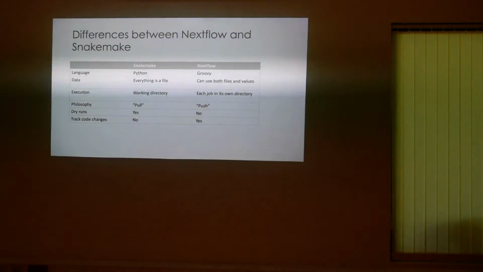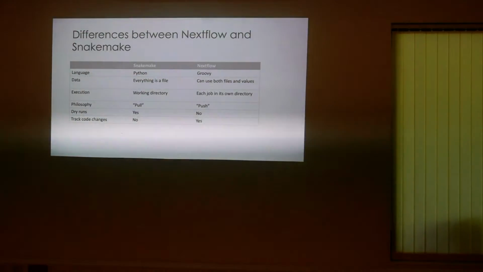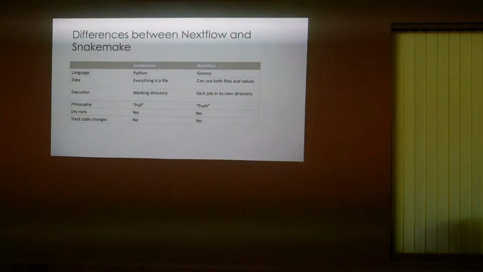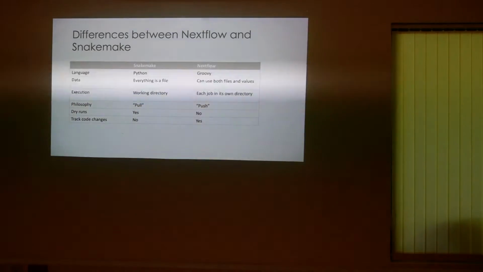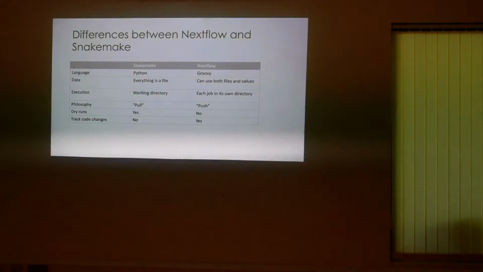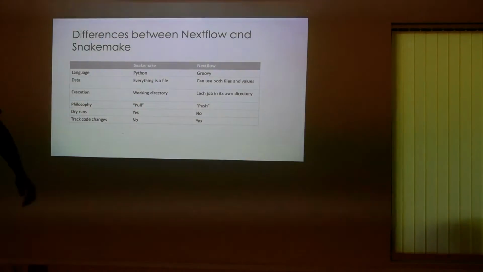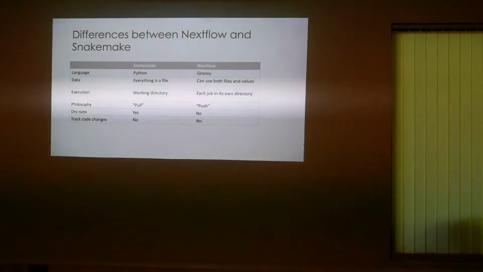On the other hand, Nextflow is built on Groovy, which is technically a Java programming language. Also, in terms of the data, Snakemake expects that everything you give it as input and output is a file. But in Nextflow, you're using both files and values.